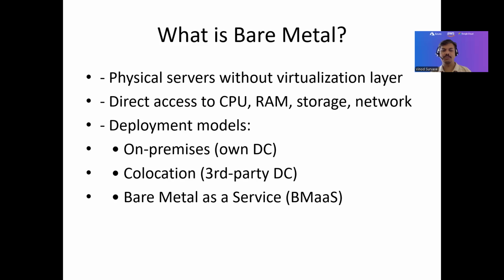And there are some of the companies which are providing bare metal as a service, right? So even that is also possible and available for the businesses to leverage for business purposes, right? So these are the three deployment models. And to understand in simple terms what is bare metal, you need to understand it is without virtualization or without a virtual layer.